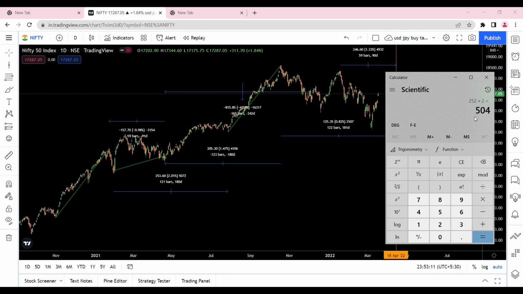This number is actually divisible by 1 to 9. Most of the numbers, when you divide that by 8, give 63. It gives good vibration in 63. I will show you in the market. And 504 is one of the very important numbers, divided by 7. 504 divided by 7 gives 72.